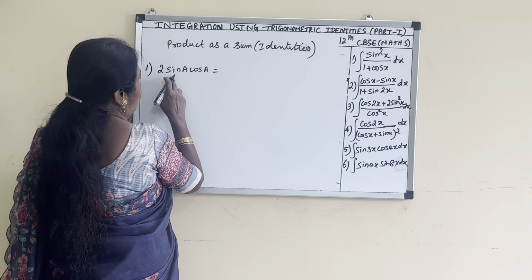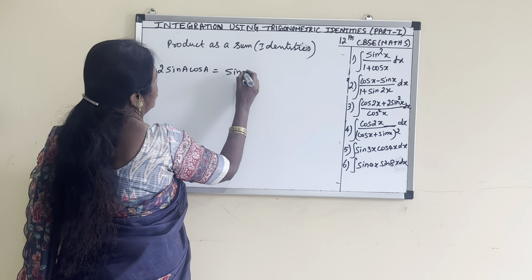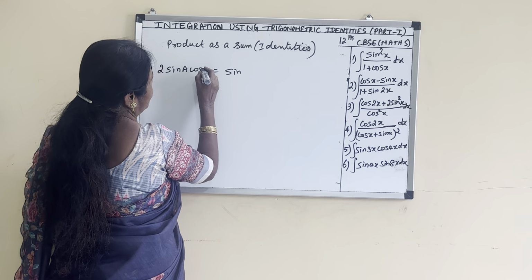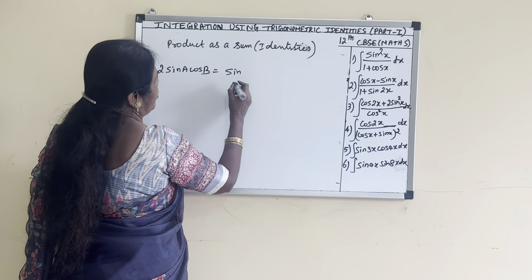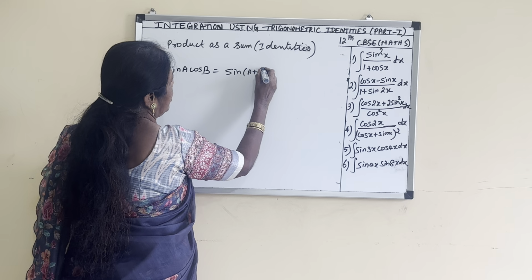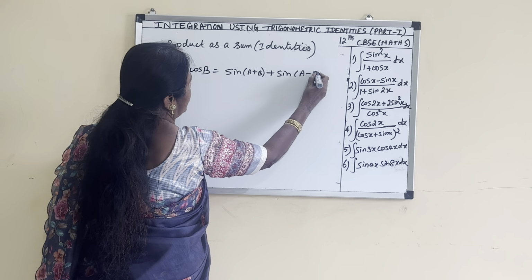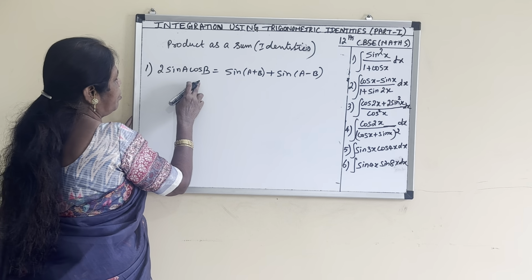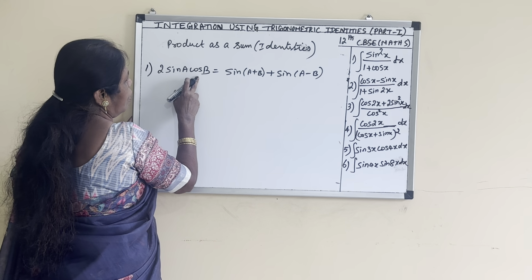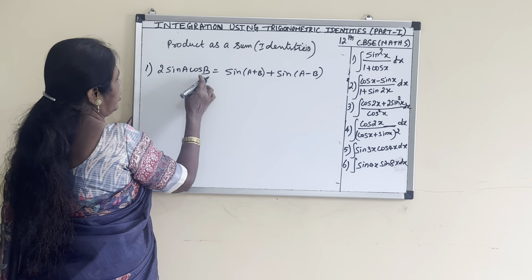So sin cos. If sin comes first, 2 sin A cos B is sin of A plus B plus sin of A minus B. Sin first, cos next means plus, and it will be in terms of sin and cos.